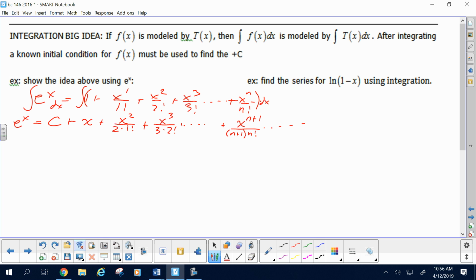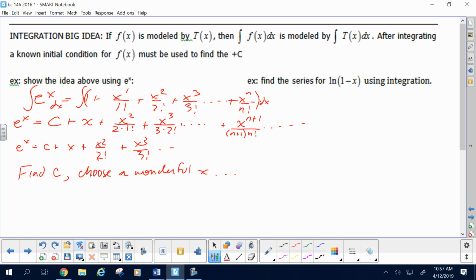Now, e to the x then is c plus x plus x squared over 2 factorial plus x cubed over 3 factorial. Cha-cha-cha. To find the c, choose a wonderful x. What x?